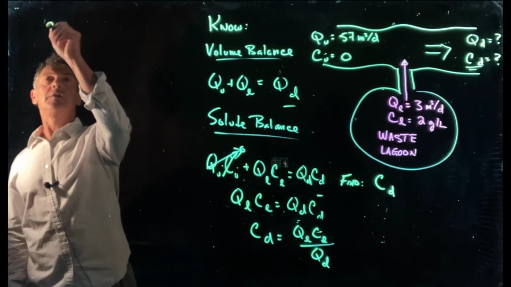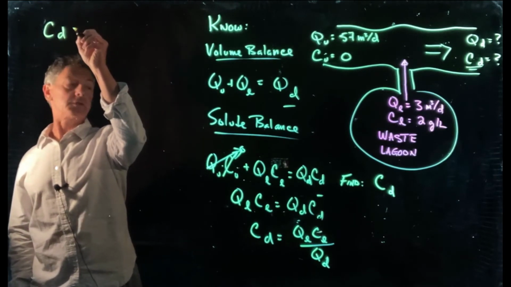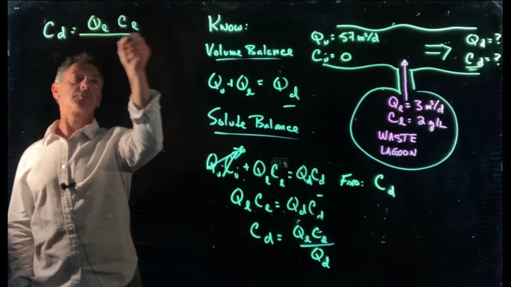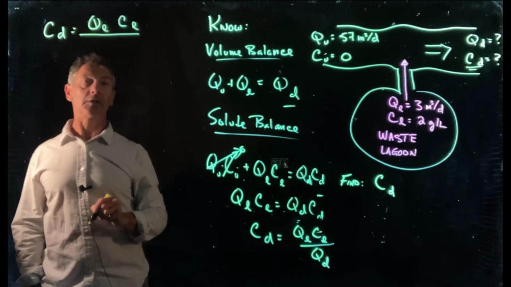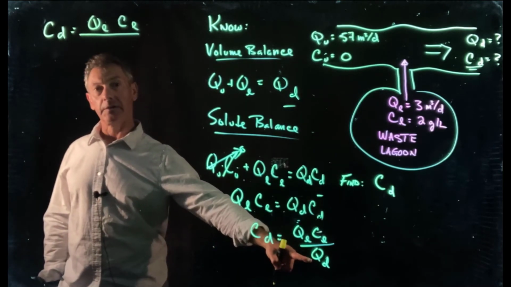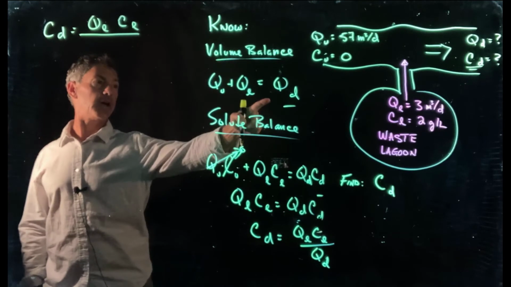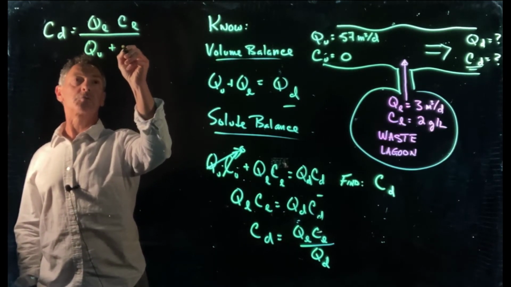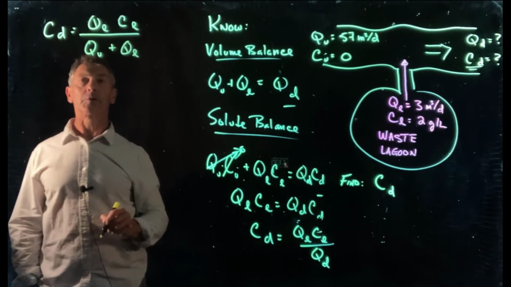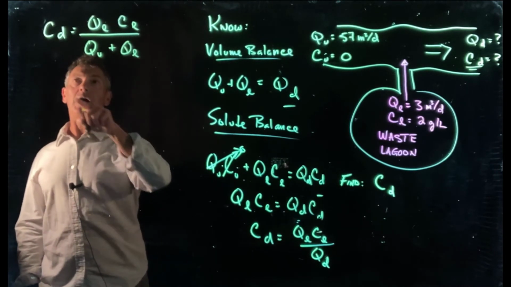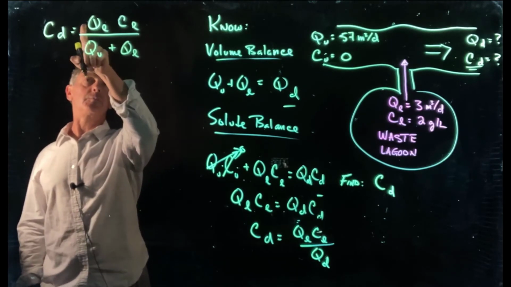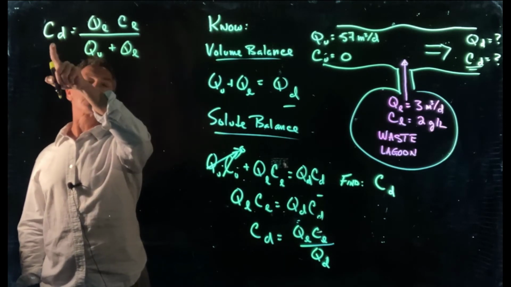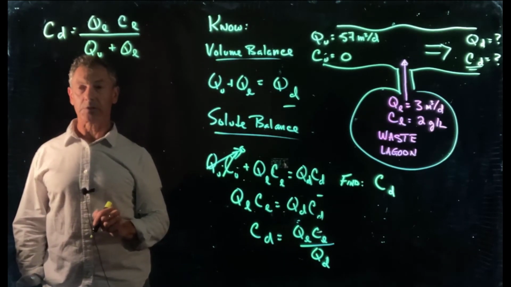We have the concentration downstream is equal to the flow rate from the lagoon times the concentration in the lagoon divided by the downstream flow rate, which we have from this equation. So we can use the flow rate upstream plus the flow rate from the lagoon. And now we have everything we need. We have both these flow rates, so we can solve for the concentration downstream.